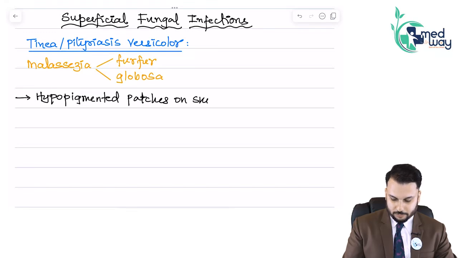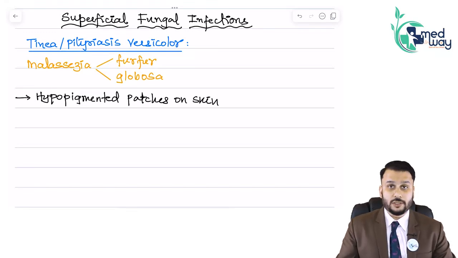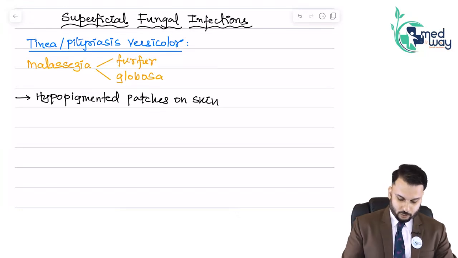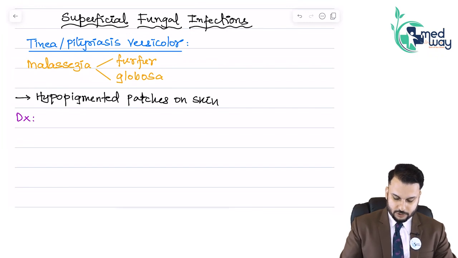Obviously, we are talking about cutaneous infections, so they will definitely involve the skin. Next, what are we going to do for the diagnosis? Obviously, we should take the sample as skin scrapings. Okay, we will take skin scrapings as the sample.